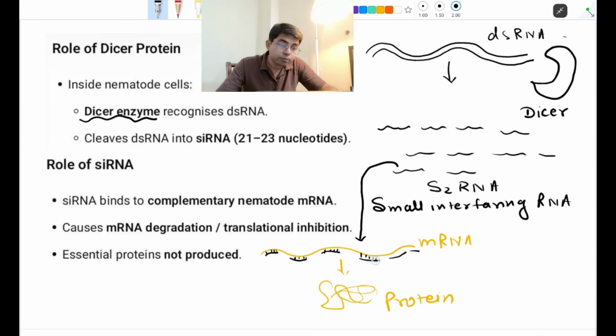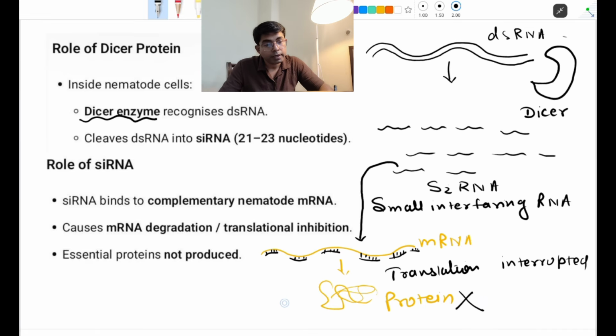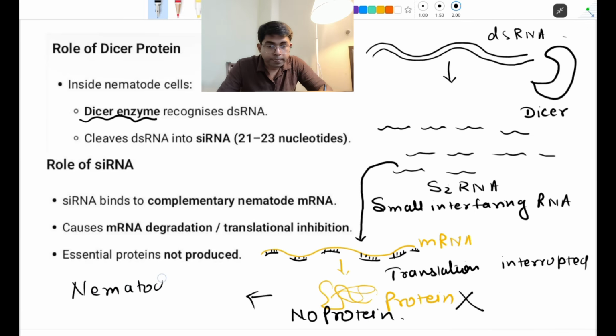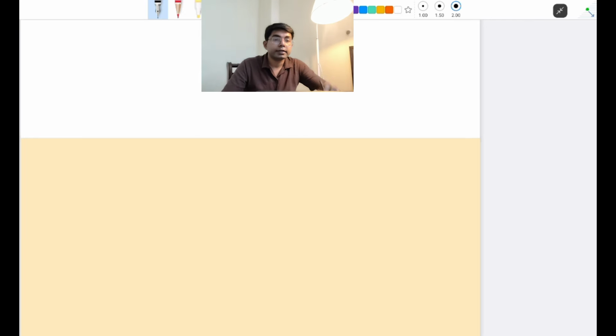Now, due to the making of these regular double-stranded parts, what will happen? Translation will be interrupted, and when translation is interrupted, protein formation will be blocked. So if there is no protein, then what will happen to the nematode? The nematode will die.